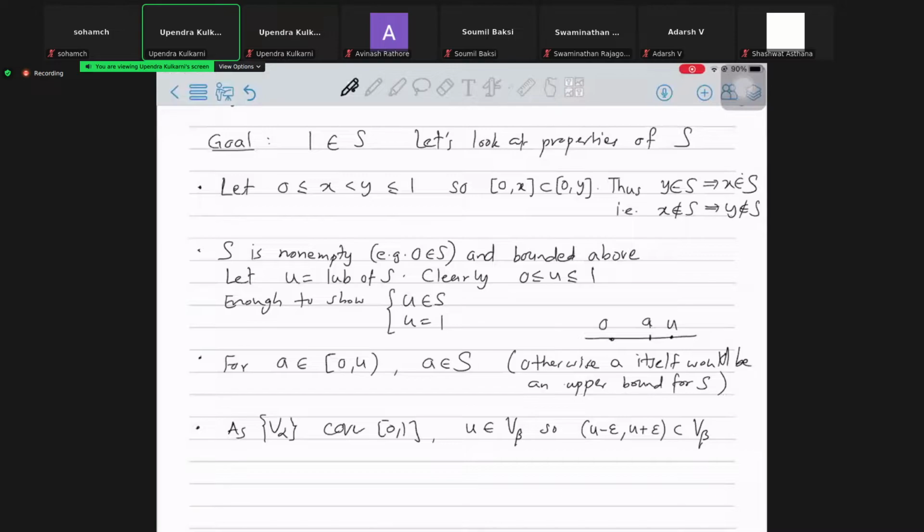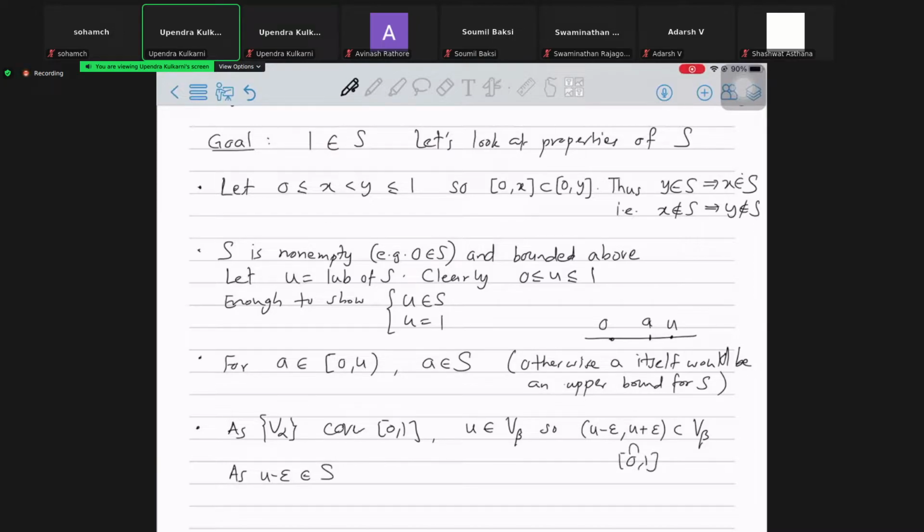Okay, but that kills the single observation. The single stone kills both the birds. Remember what I wanted to show? I wanted to show that U itself is in S and U is equal to 1. Okay, so what gives now? Remember, by the previous bullet point, every point less than U is in S, and I can take epsilon to be small enough so that this is also in 0, 1.